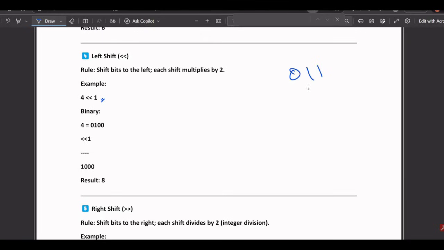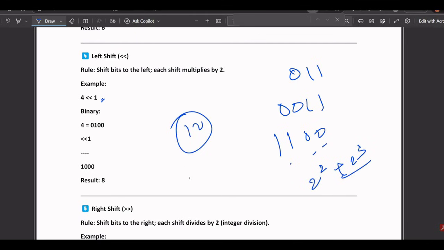Now to left shift it, suppose it is 0011. Then 2 times left shift gives 1100. So it will be 2 to the power 0, 1, 2, 3, so 2 to the power 2 plus 2 to the power 3, which is 4 plus 8, nothing but 12. So how did we reach here? We are shifting 3 by 2 left shifts, which means we multiply it by 2 to the power 2, which is 4, so it will be 12.